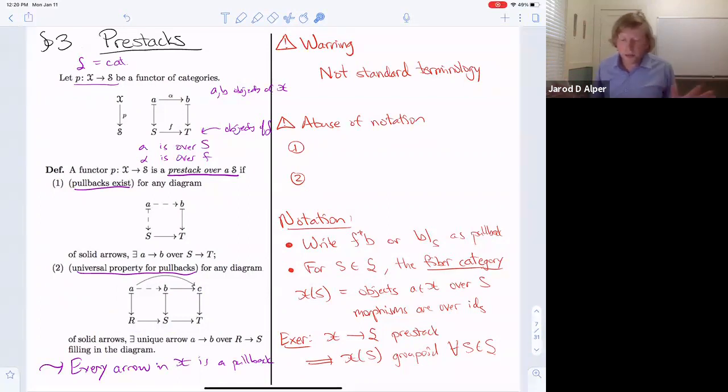There's an intermediate notion of a fiber category that I won't introduce, and I don't think it's relevant at first. So here we just have a prestack: pullbacks exist, every arrow is a pullback, and you have a universal property. That's the definition.